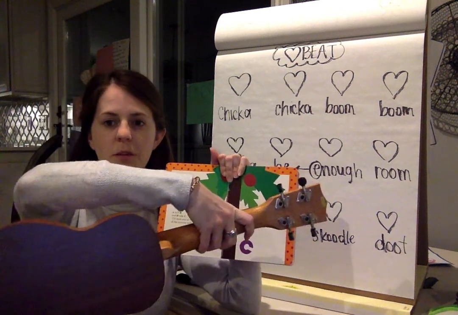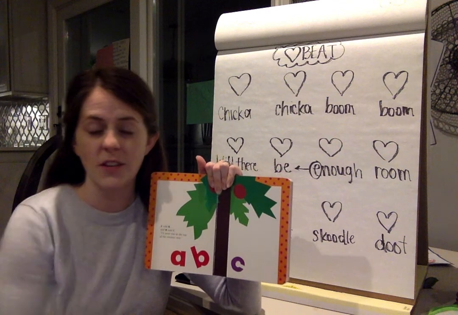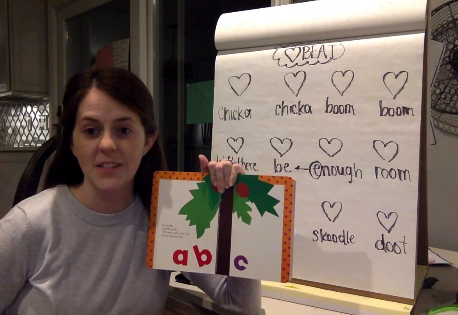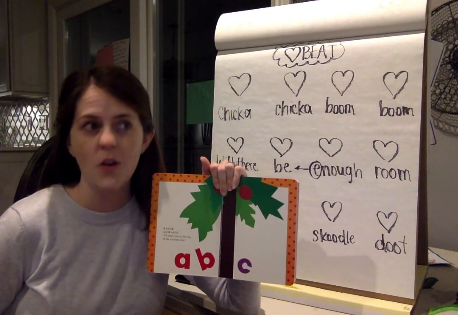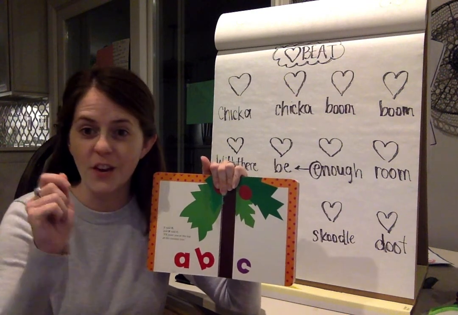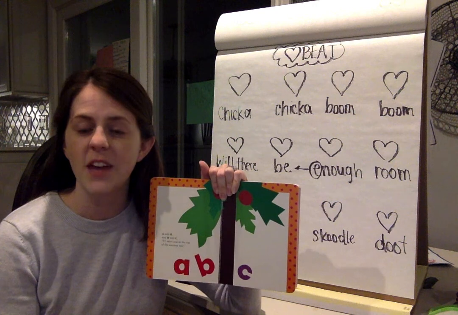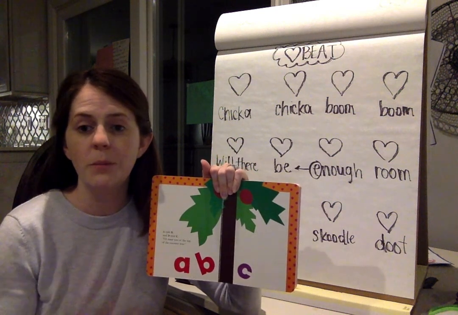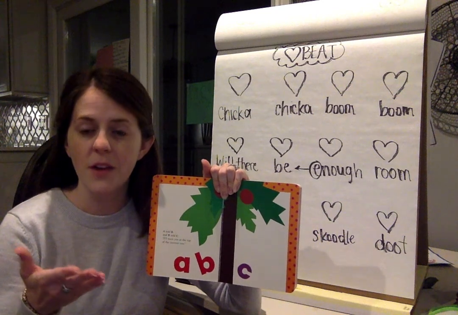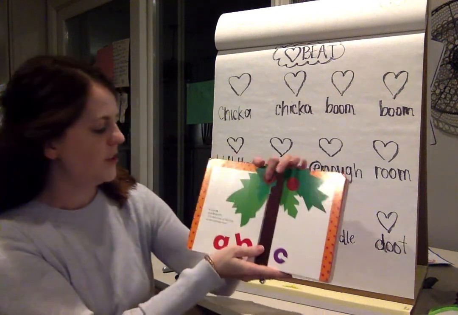I'm going to use the back of my ukulele and just tap it. Maybe you have a drum at home that you could tap, or maybe you have the shaker that we made the other day. You could shake the beat to the story. Or if you don't, you could pat your lap or even clap your hands. Okay? So here we go.